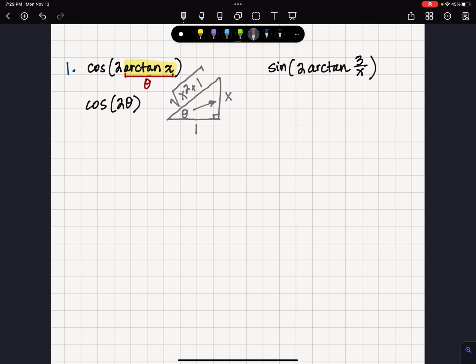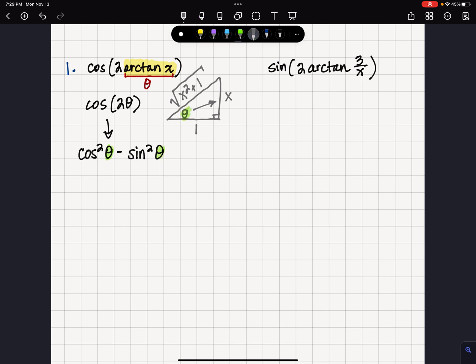Now, taking into account that I've got the cosine of 2 theta, what is the cosine of 2 theta? Well, we know the cosine of 2 theta to be cosine squared of theta minus sine squared of theta. And look at that, theta is right here.